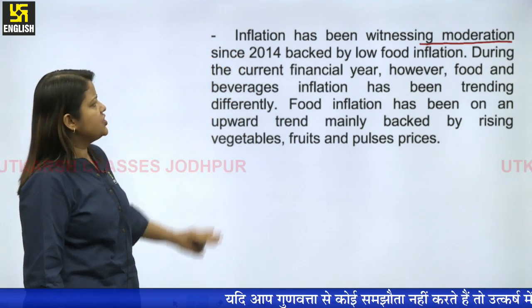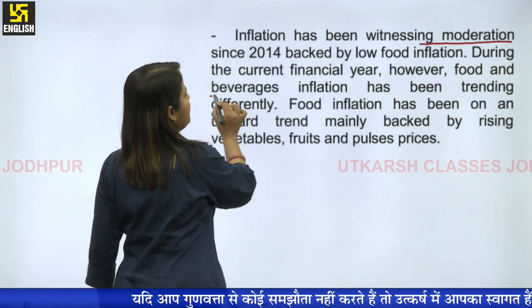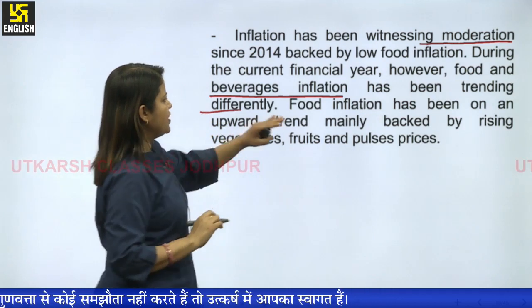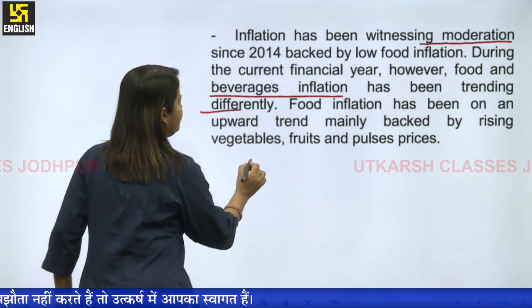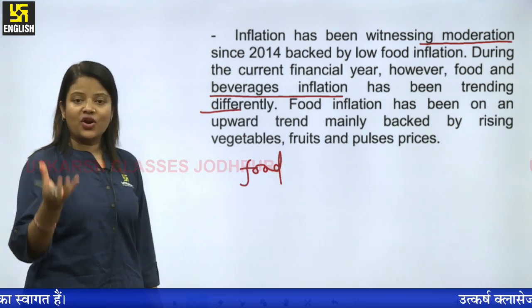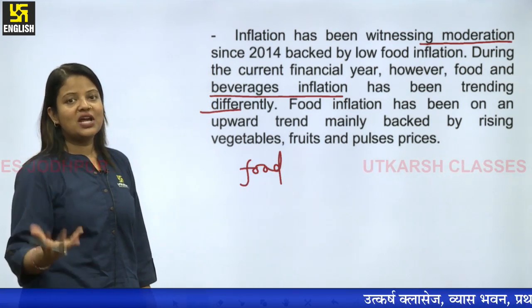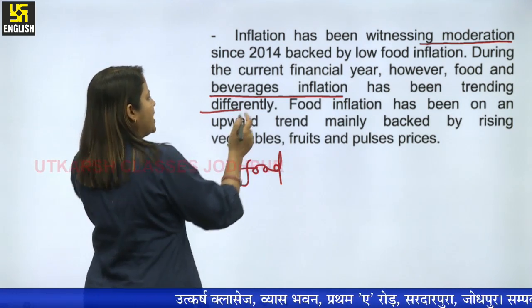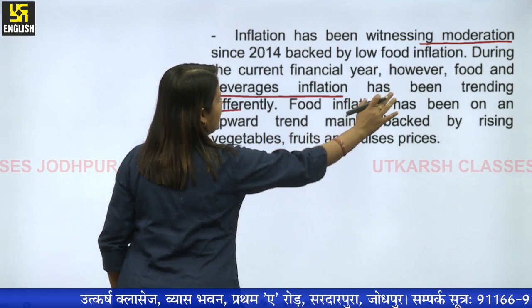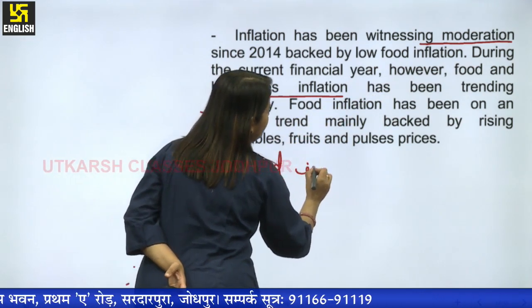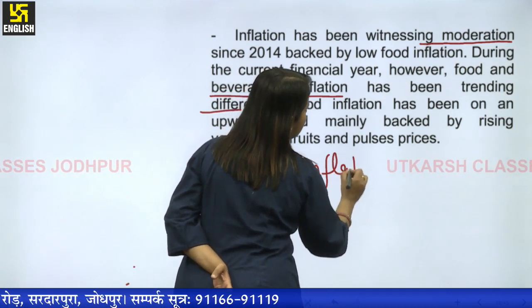During the current financial year, however, food and beverages inflation has been trending differently. Food inflation has been on an upward trend. We have seen the price of onion, we have seen the price of potato also. So the price of food has been trending differently. Food inflation increased a lot.